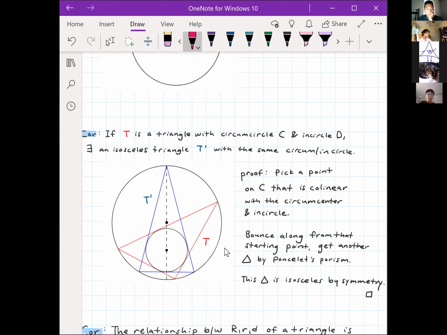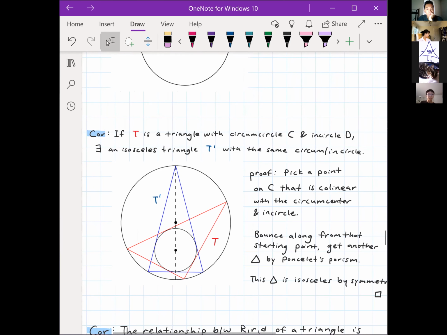And just by a symmetry argument, this triangle will be isosceles just from the way that we set up the construction. So this gives us that if we have a triangle, we're always going to have some isosceles triangle in the family of triangles that are between these two circles.